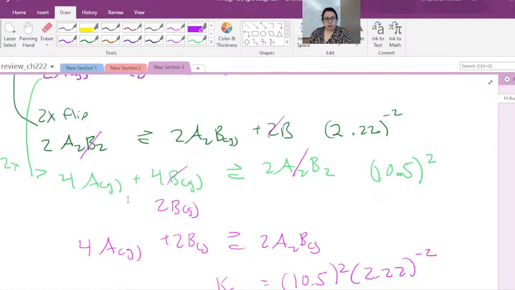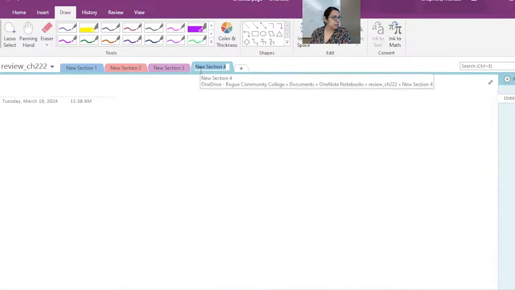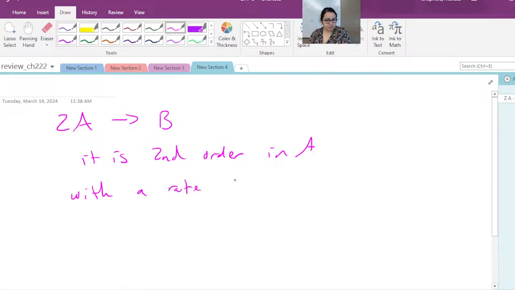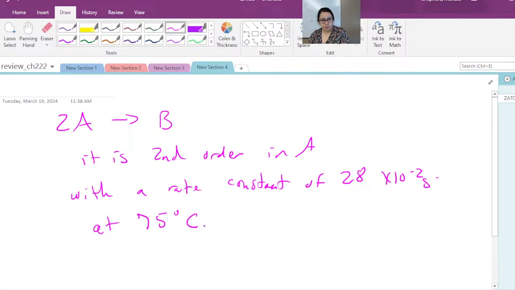All right, let's try another one with those other equations. We're looking at this basic reaction of 2A going to B, and we are given that it is second order in A with a rate constant of 2.8 times 10 to the negative 2 per second, and this is at 75 degrees Celsius.